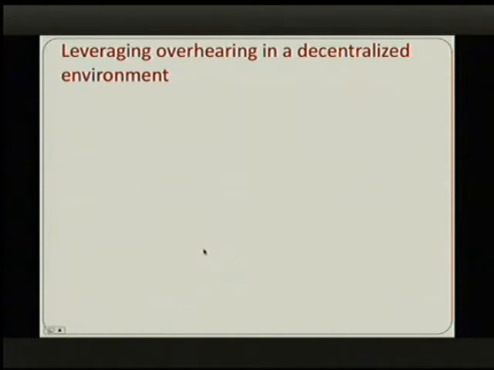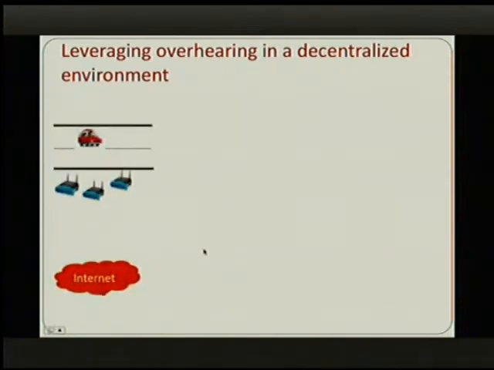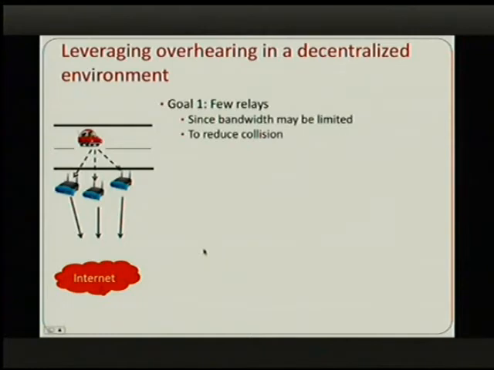As it turns out, this is not very simple. For example, a mobile node sends some data, and 3 access points overhear this packet. Now what should they do? Should all 3 of them send this packet to the internet? The answer is no. Our first goal was to have as few relays as possible, because often bandwidth was limited between the access point and the internet, and also we wanted to reduce collisions.